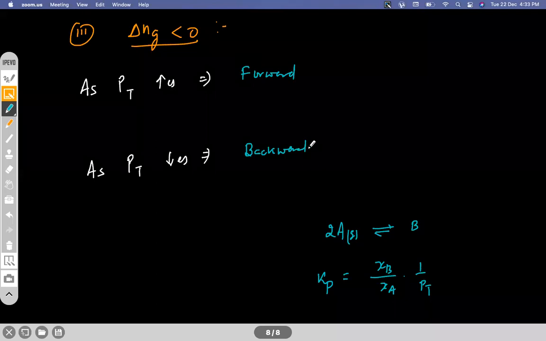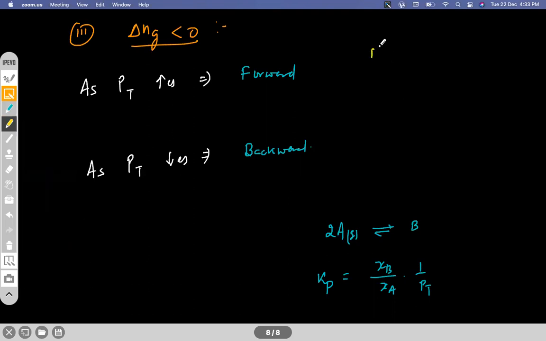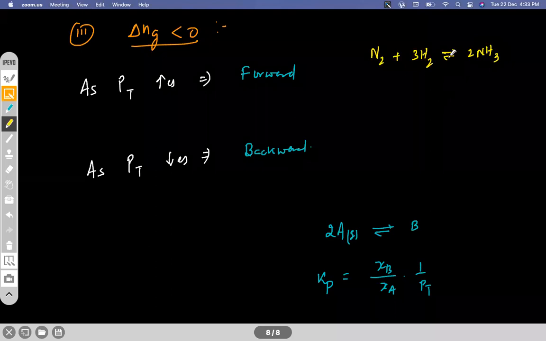So easily you can do this. Now we'll take the same reaction that we did when we discussed this particular thing theoretically: N2 plus 3H2 gives 2NH3. Suppose this reaction comes into the test and they ask you what happens if pressure PT increases. You can do it two different ways.